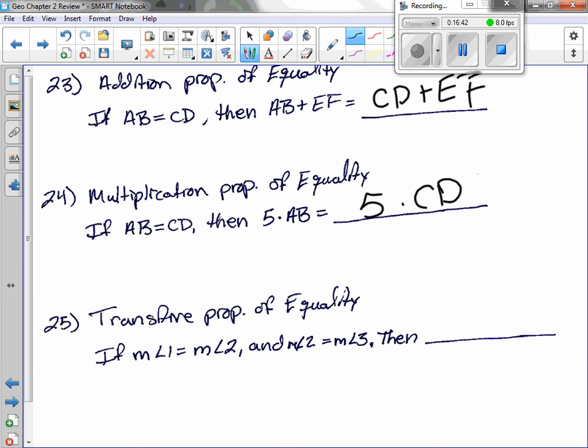And last but not least, the transitive property. If the measure of angle 1 equals the measure of angle 2, and the measure of angle 2 equals the measure of angle 3, then the measure of angle 1 equals the measure of angle 3. So for those that fill in the blank, you're using that property, or whatever it states, to finish the statement.